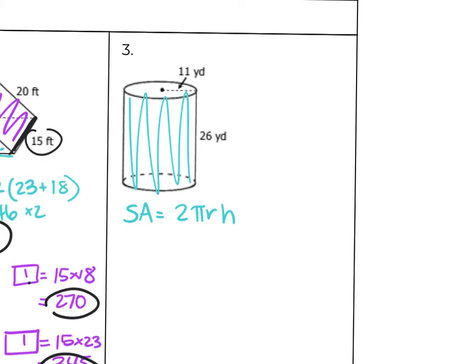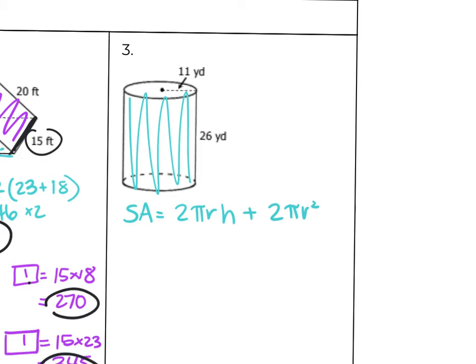Make sure I'm writing it the same as on the formula sheet. Oh, they put it the other way, but that doesn't matter. On your formula sheet, it's flipped, but either order. Okay, plus I have to add the area of the 2 circles. So area of a circle is what? Pi r squared.